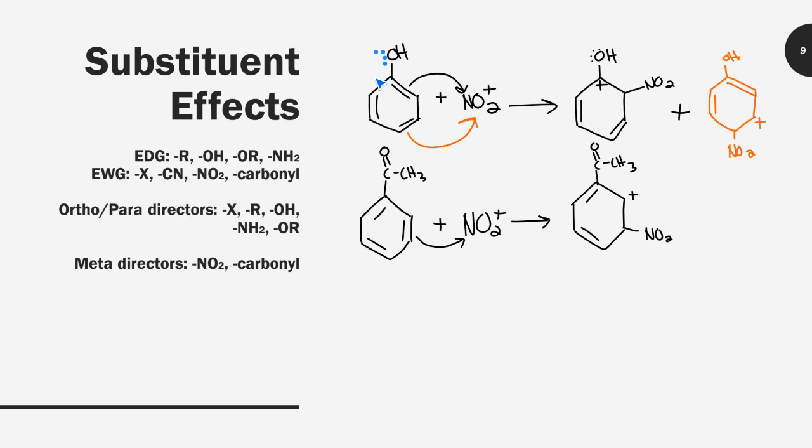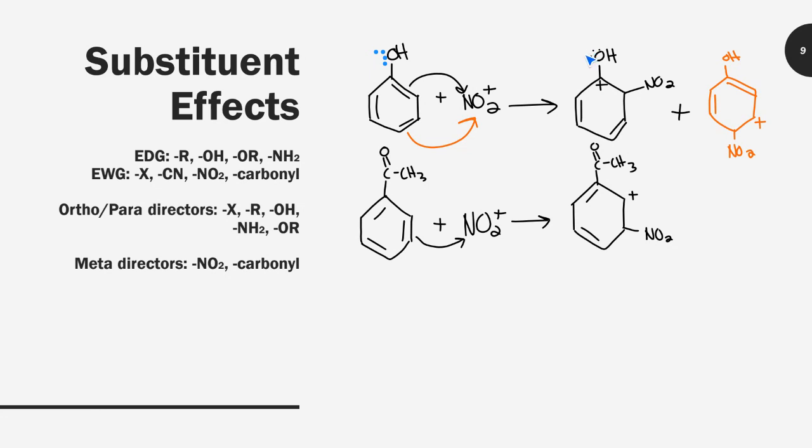So if I have a nitration reaction with this OH group on the ring, and we already know that it's an ortho-para-director, but it's an ortho-para-director because if I add it to the ortho carbon here, if I break this double bond, add it to the ortho carbon here, that will form a positive charge on C1 with the OH group on it.